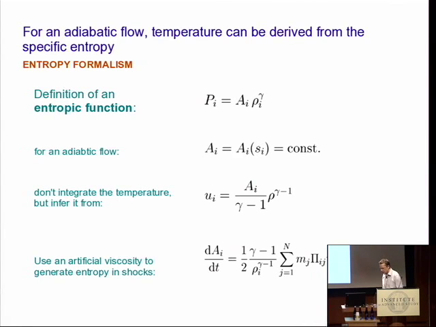And one way to derive this is if you focus not on the thermal energy, but take more or less equivalently the entropy in a particle. In reversible adiabatic flow, you know that each fluid element will live on an adiabat, where the pressure is related to the density to the gamma with some coefficient in front, which we can call the entropic function, A. This is used a lot in astrophysics.